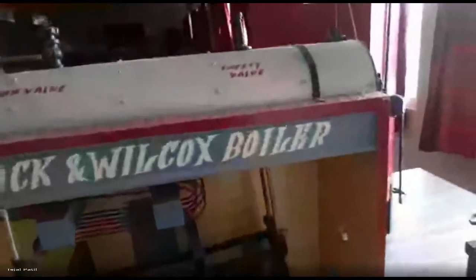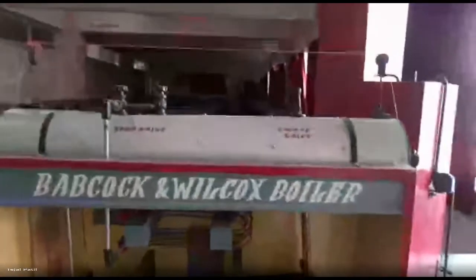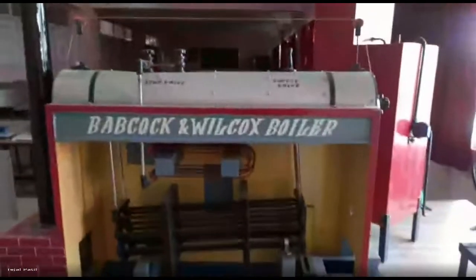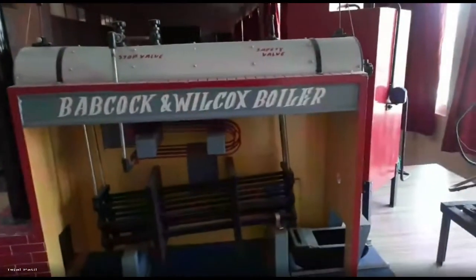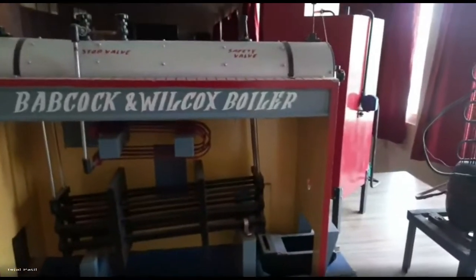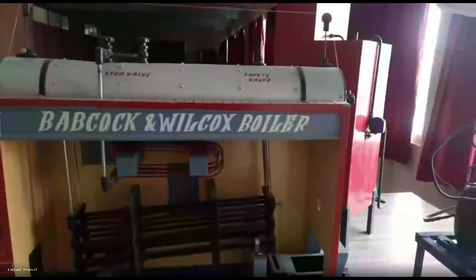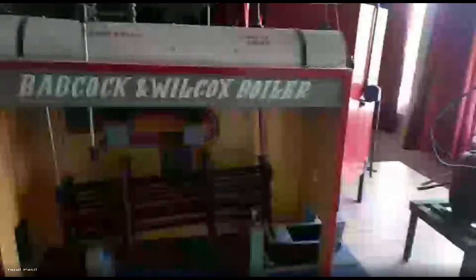Then next one is this safety valve. You have seen the pressure cooker at your home, right? That whistle is one kind of safety valve. It is releasing the extra pressure.